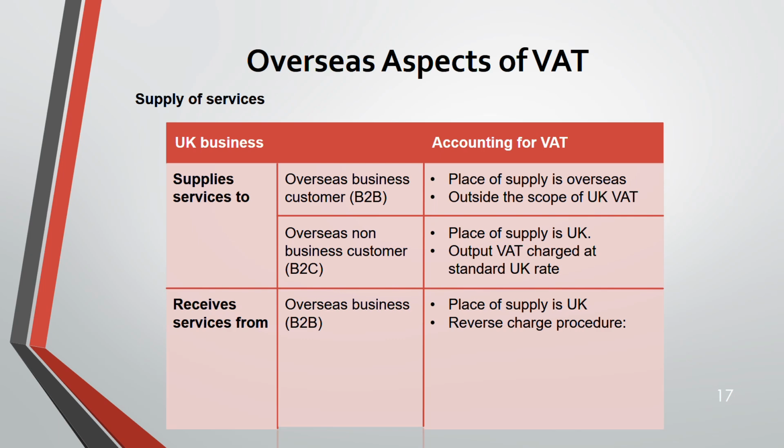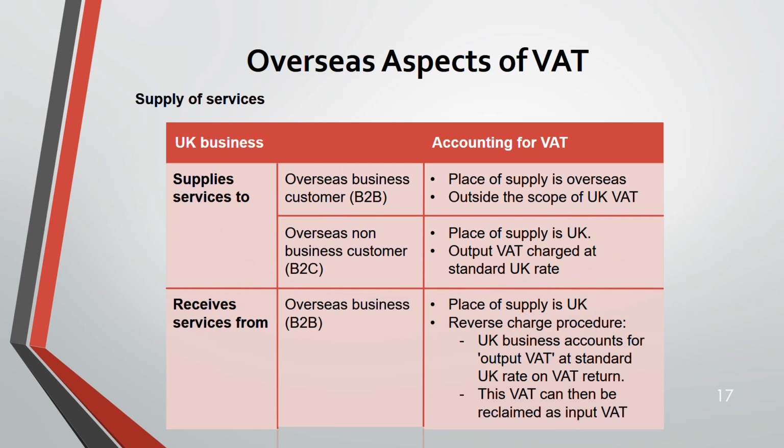You are receiving a service, it's like an import, right? The UK business accounts for output VAT at the standard UK rate on its VAT return, and then they reclaim this as input VAT. If you remember this much, this is known as reverse charge. That's it.